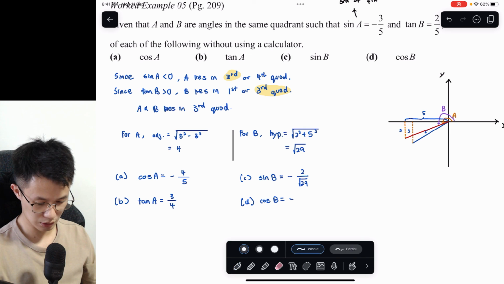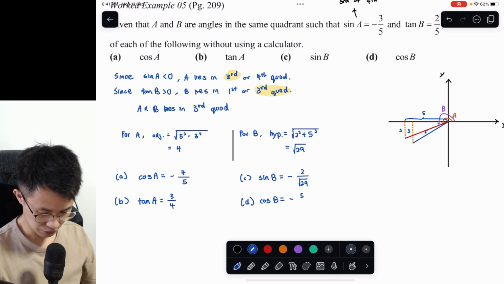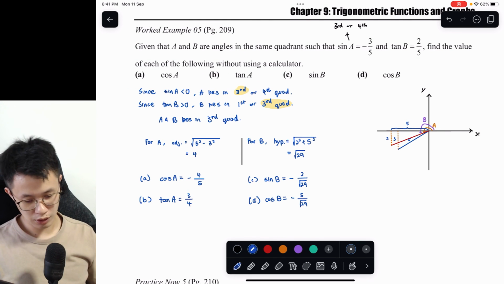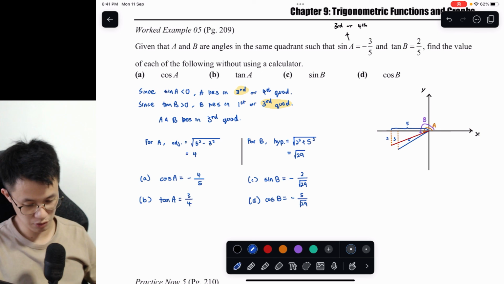It's negative 5, sorry, negative 5 over square root 29.